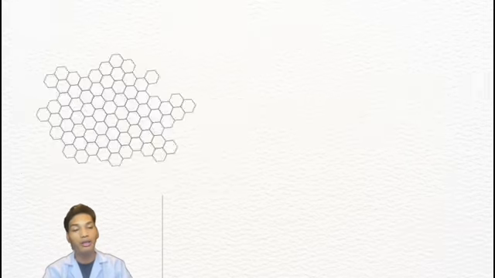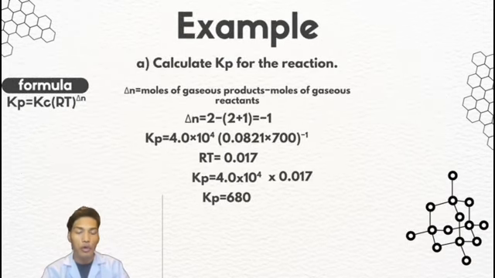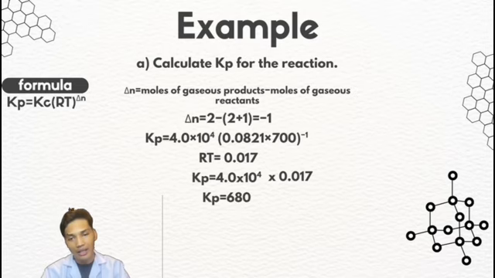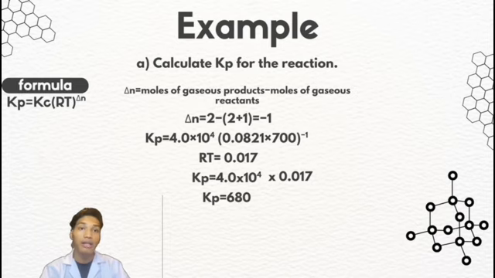For example A, calculate Kp for the reaction. We use the formula Kp equals Kc times (RT) to the power of delta n. To get delta n, we take the moles of gaseous products minus the moles of gaseous reactants. So delta n is 2 minus (2 plus 1), which gives -1.